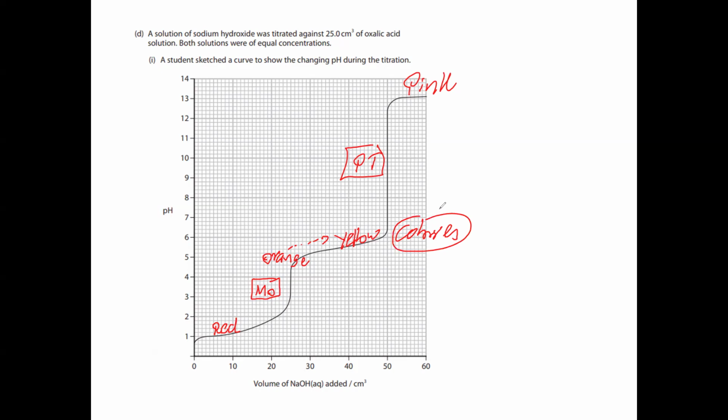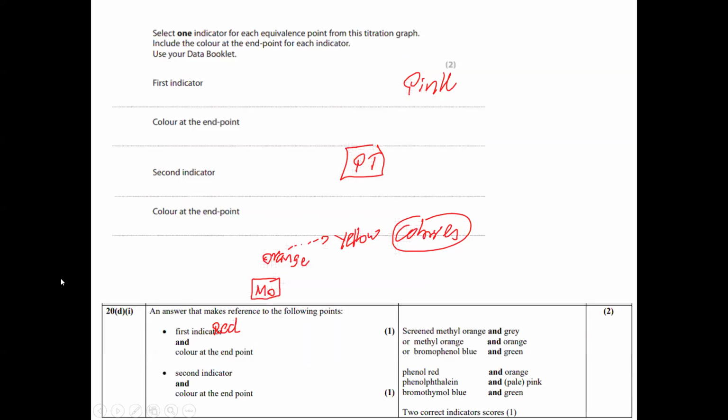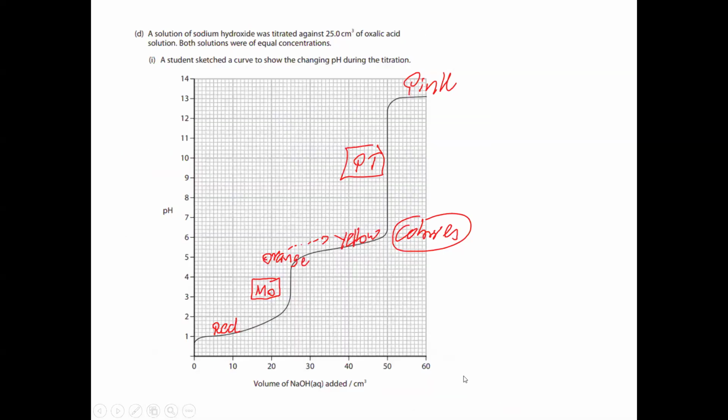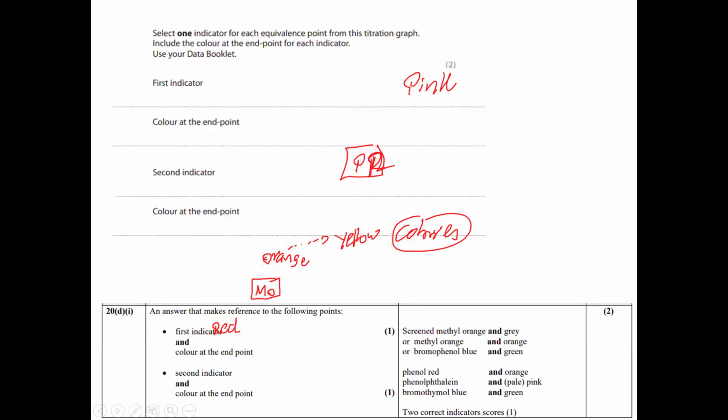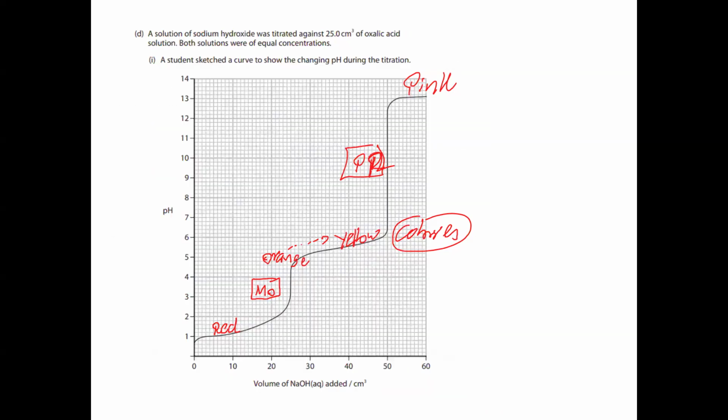But let's assume a student takes a different indicator. Instead of phenolphthalein, if you use phenol red, then both indicators have color. In phenol red, as I remember, the color is red at the beginning, going from red to orange. Yes, there's a problem.